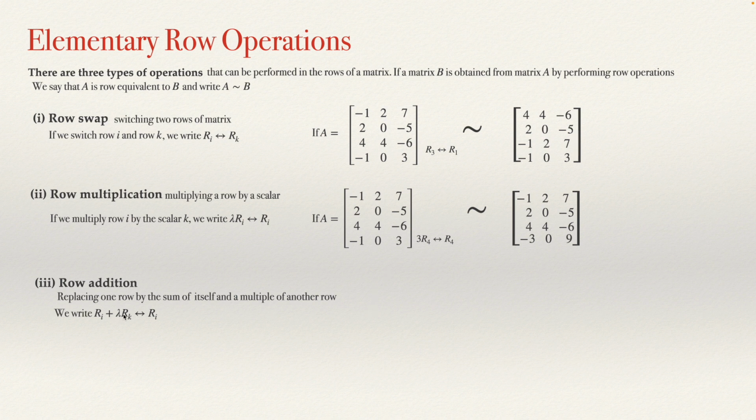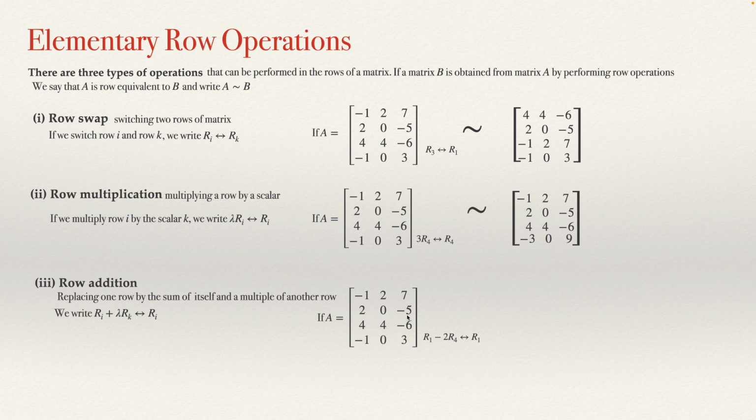Finally, the last one, row addition. Assume, for example, that we have the same matrix, minus 1, 2, 7, etc. And we see beside this the operation R1 minus 2R4 is going to substitute R1. What does it mean? That row 1 is going to change. And what will be changed? It will be changed by the same row minus 2 times row number 4.